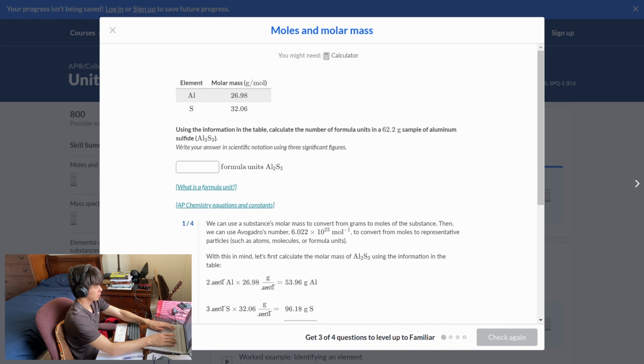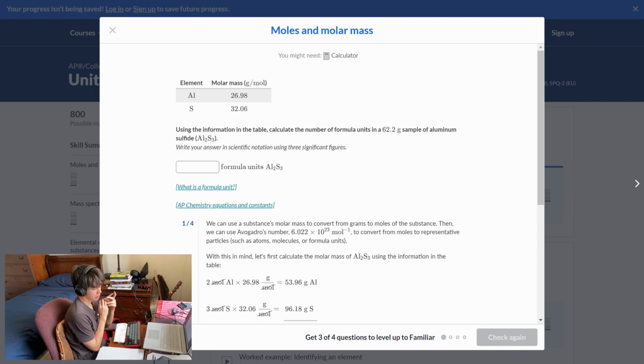What? Three, 2, 6 times... 150.14 grams per mole of this thing, aluminium sulfide.